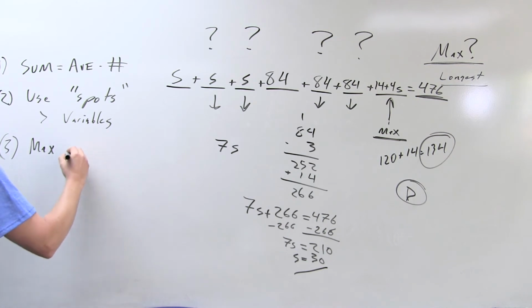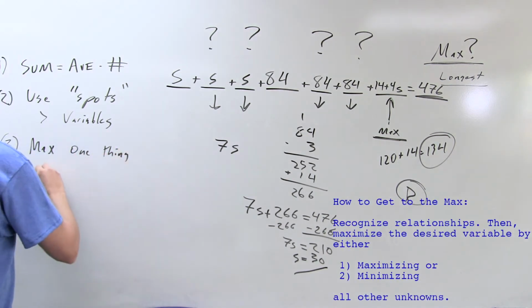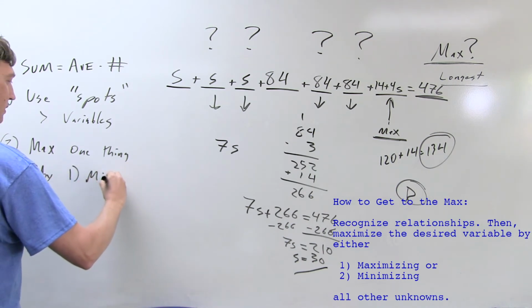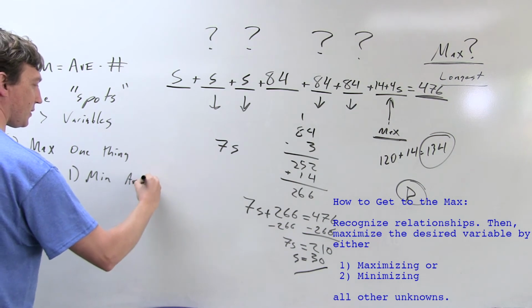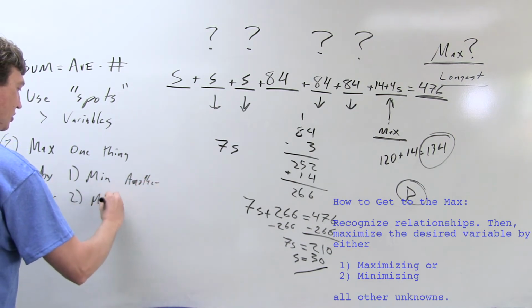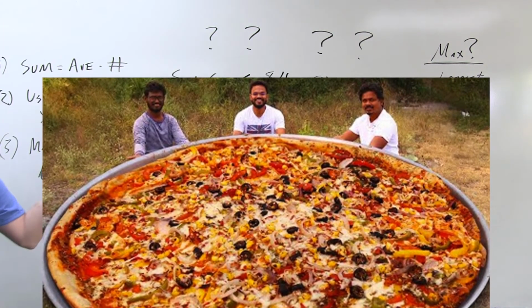Again, max one thing by either min another or max another. And know what you're dealing with. The metaphor here is, are we growing the pie?